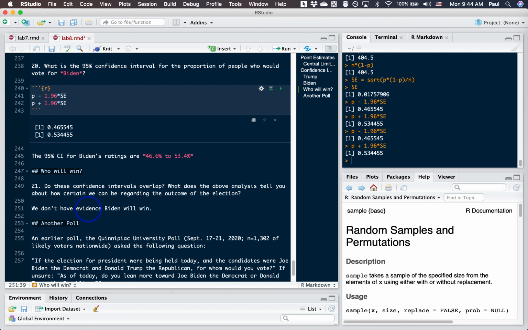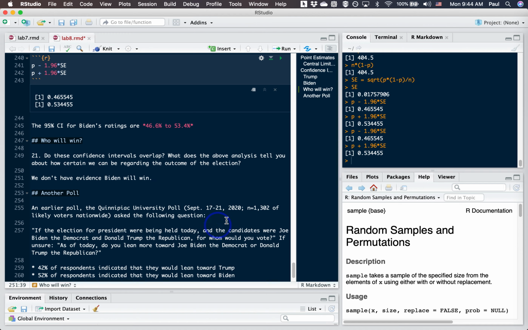Okay, so that's one of the first tools we're going to use for testing hypotheses: constructing these kinds of intervals, comparing them, and seeing what kind of certainty they give to the questions we're answering. So there's one more poll with a larger sample size, which gives us a slightly greater advantage in some of the conclusions we can draw from it.